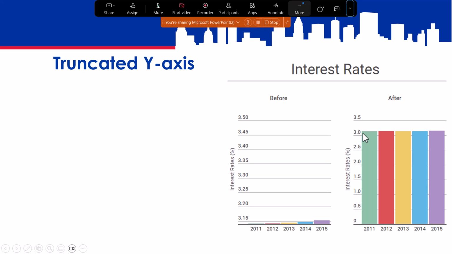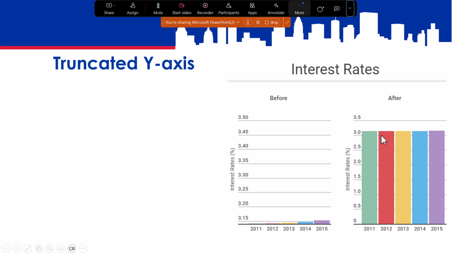On this one, they all look like they're right there at the same level. That's not a really drastic increase from year to year. Over here, they started at 3.15, so you see a little space between 2014 and 2015. It looks like there's a 0.5 difference when in actuality there really isn't.